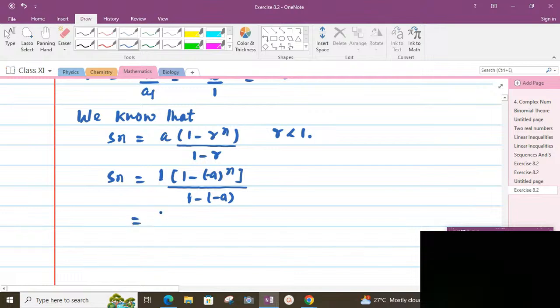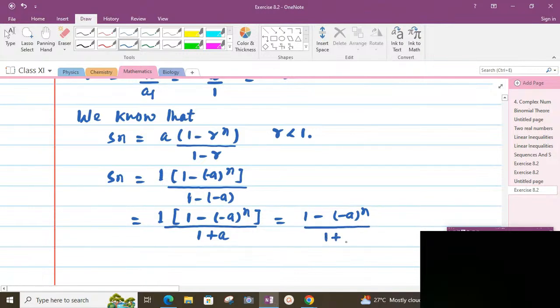So the next step here will be 1 and 1 minus (-a) to the power n by, here will be 1 minus minus, plus a, and so here will be 1 minus (-a) to the power n by 1 plus a.